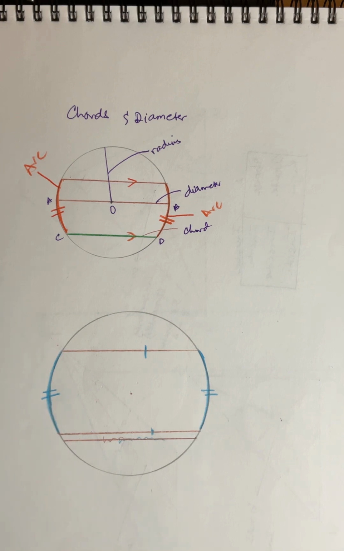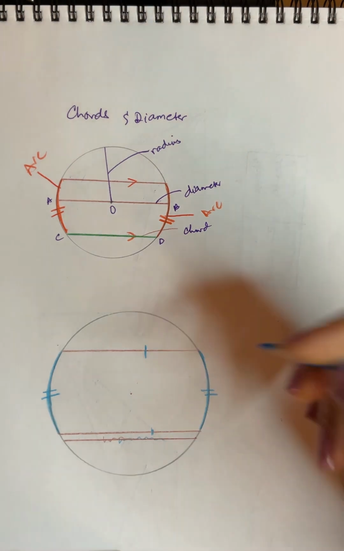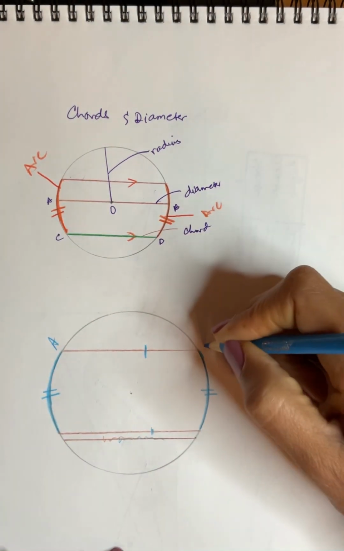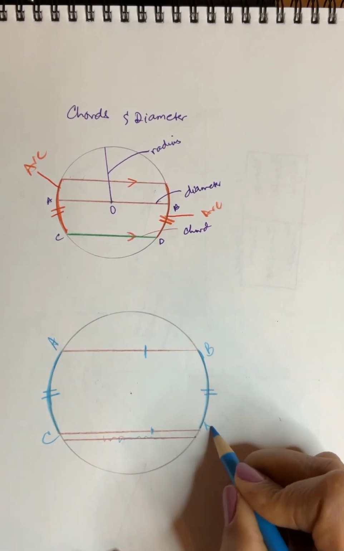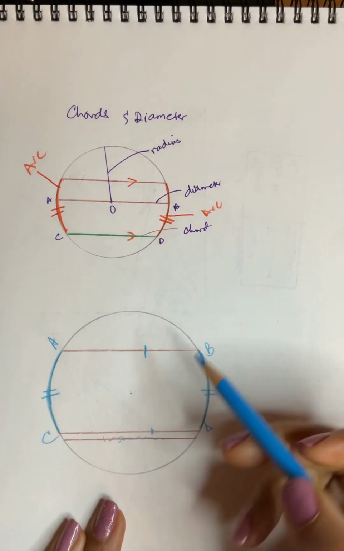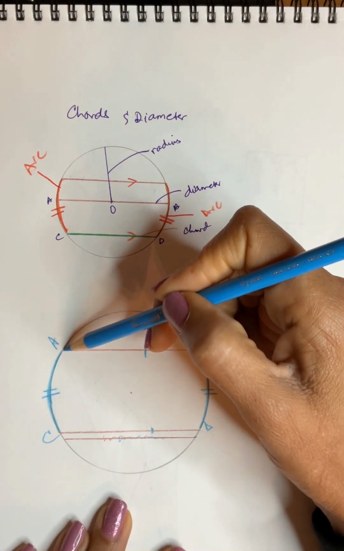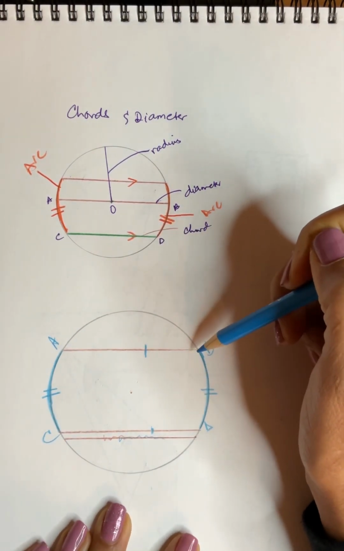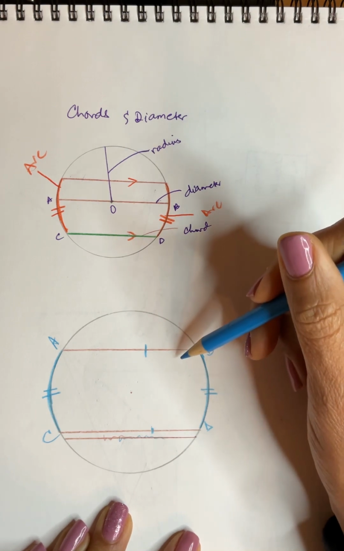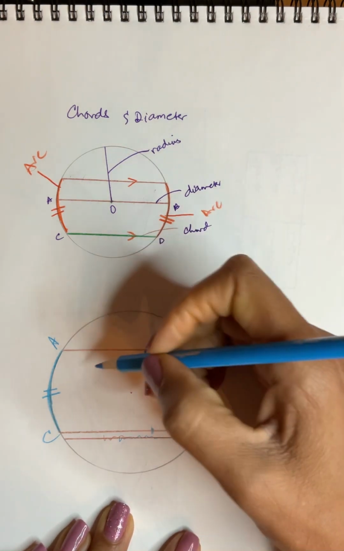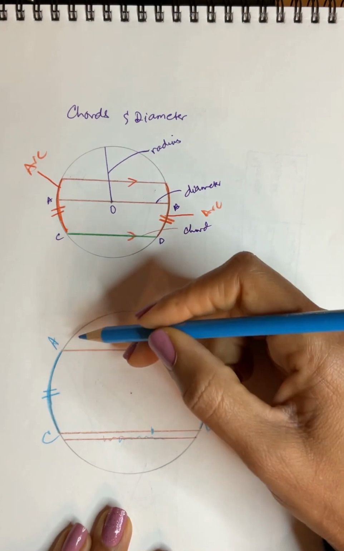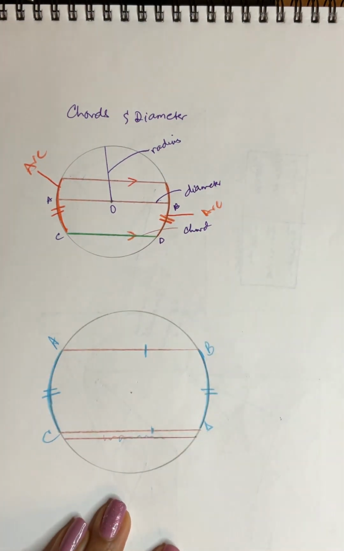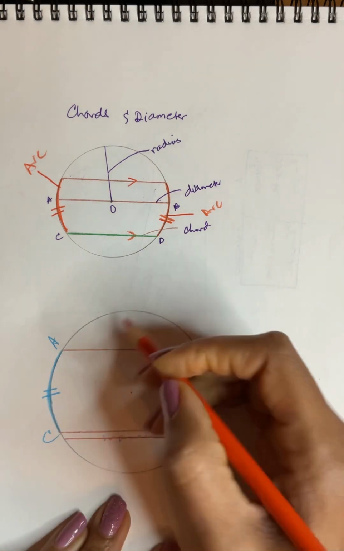Now, also what you need to know is that if we talk about our chord AB, and this one is CD, we're going to look at the arc here.